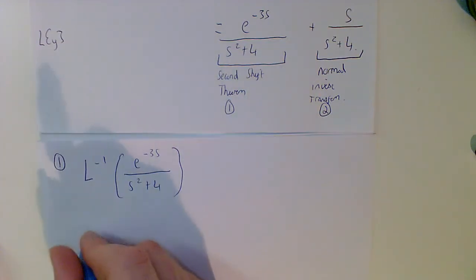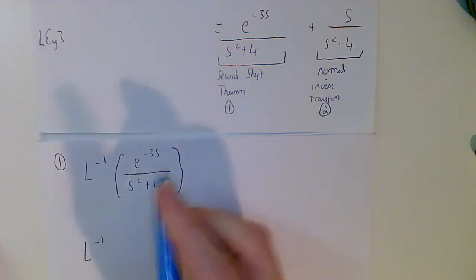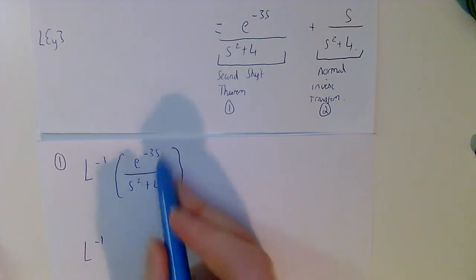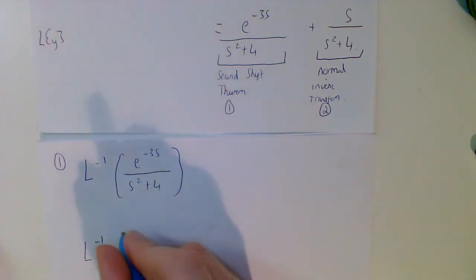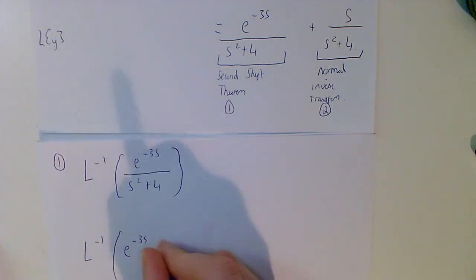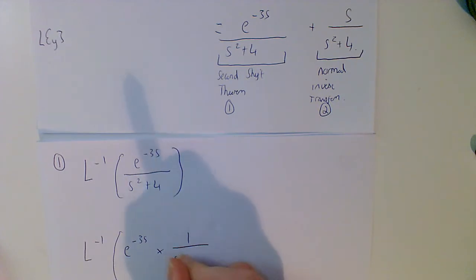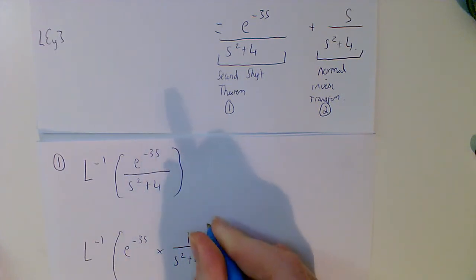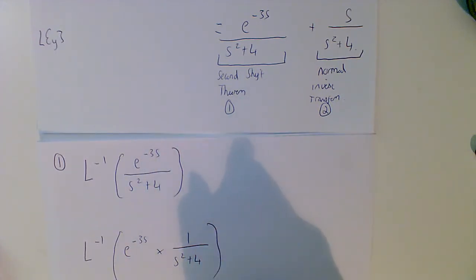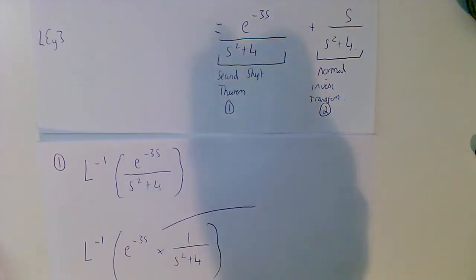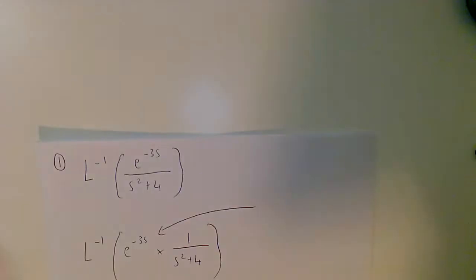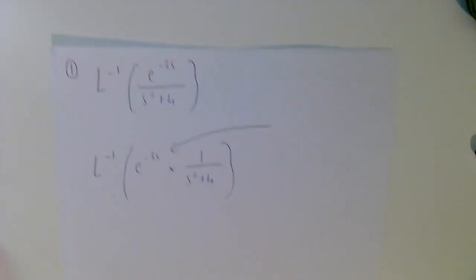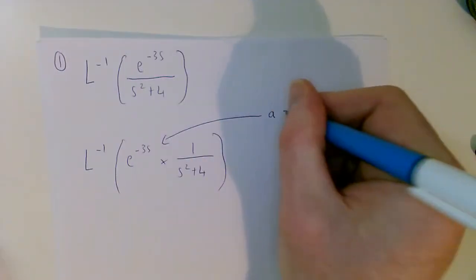Now, what I want to do is get rid of that exponential, because I know that exponential is a horrible thing and it's to do with a second shift. So if I rewrite that as e to the power of negative 3s multiplied by 1 over s squared plus 4, that tells me, just like the stuff we were doing last time on Dirac delta functions, that a is equal to 3.